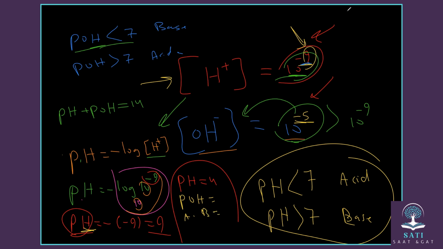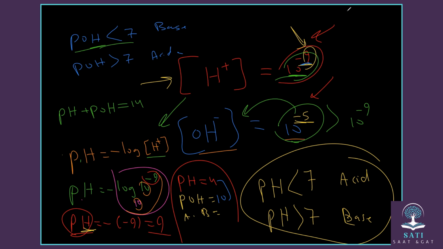And number 3, tell me the concentration of H and the concentration of OH. Since pH is 4 and pH plus pOH is 14, the pOH will be 10, because pH and pOH have to give me 14.